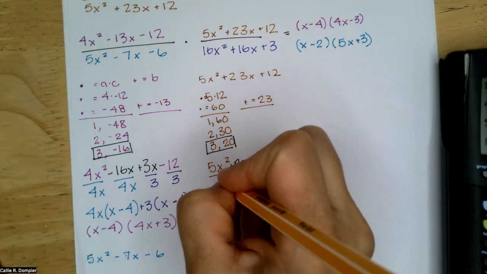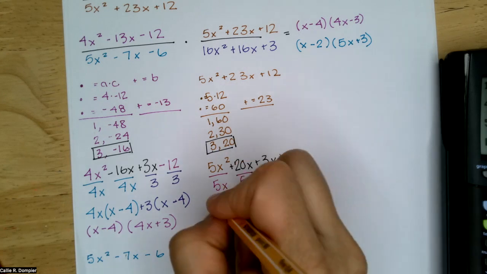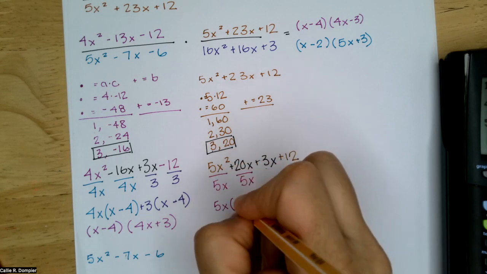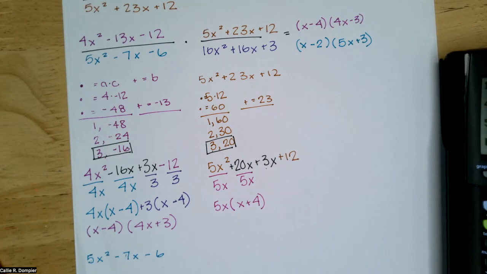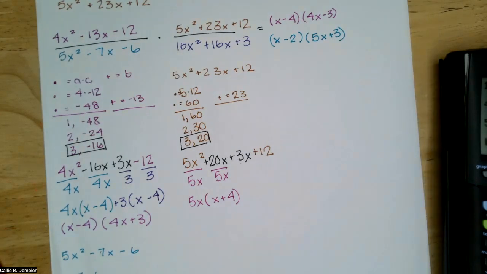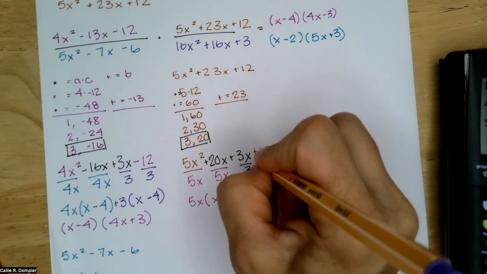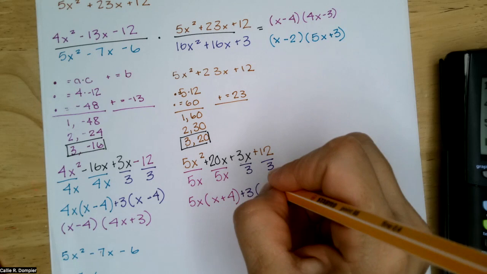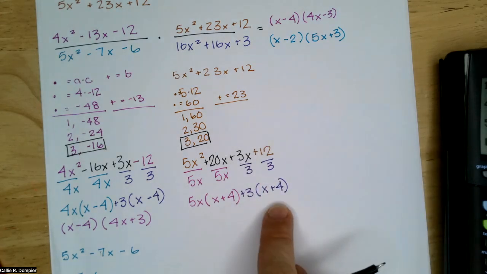You can divide out a 5x. Now I have 5x times x plus 4. Over here, 3x and 12, I can divide out by 3, and I get plus 3 times x plus 4. x plus 4, x plus 4.